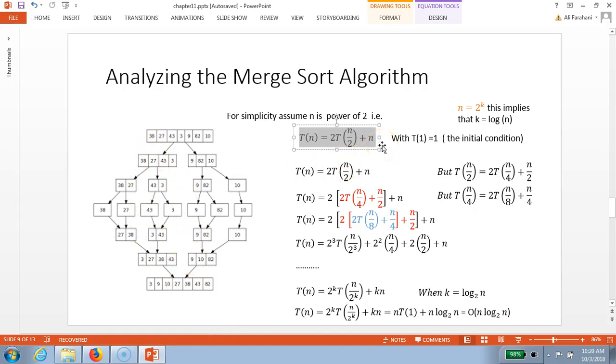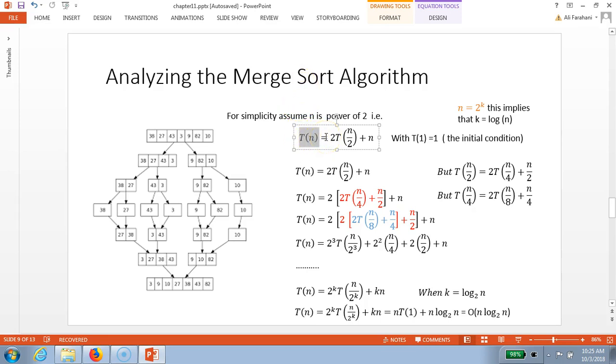The recursive equation that describes merge sort is the one you see right here. T of n in this equation represents the time it takes for merge sort to sort a list of n elements.